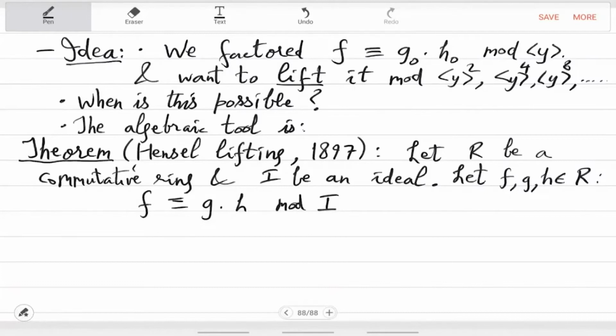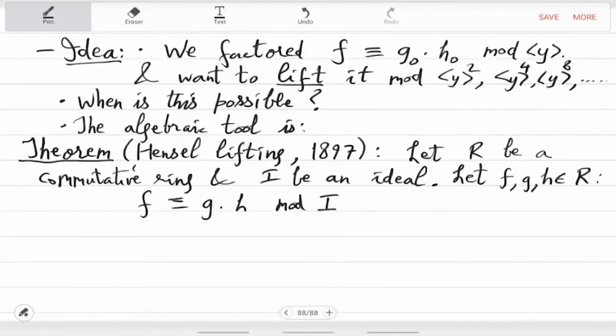So, when you are at an intermediate step f equal to gh mod I, lifting means that you want to lift to the factorization mod I square, right. So, when is that possible? It is not always possible. We will see an example later. So, we will need more conditions here.